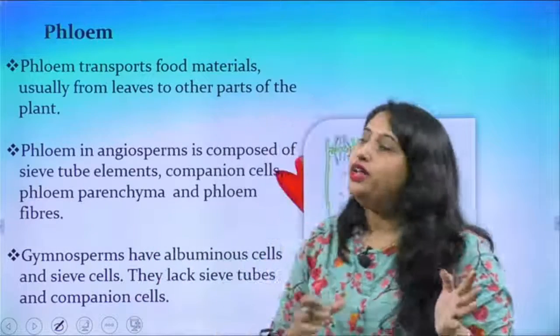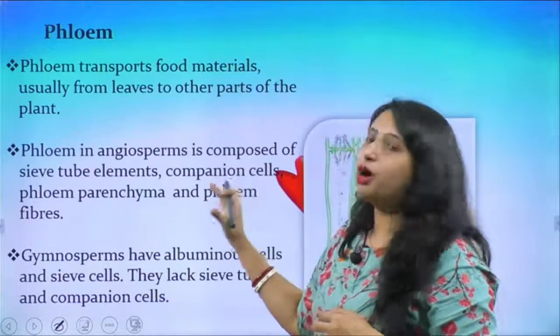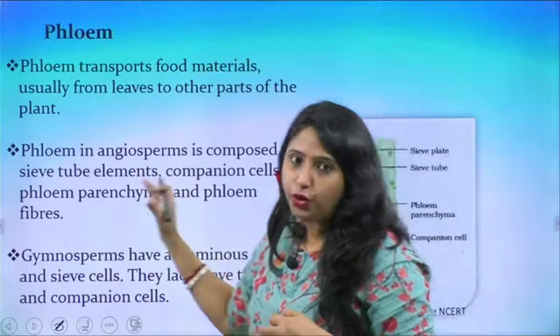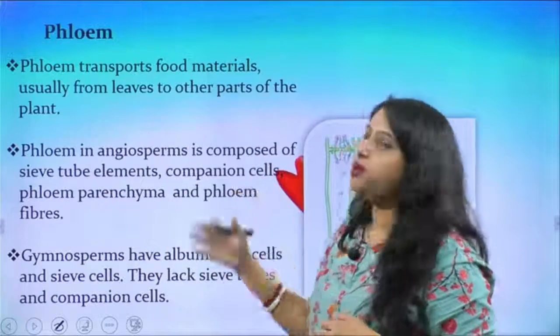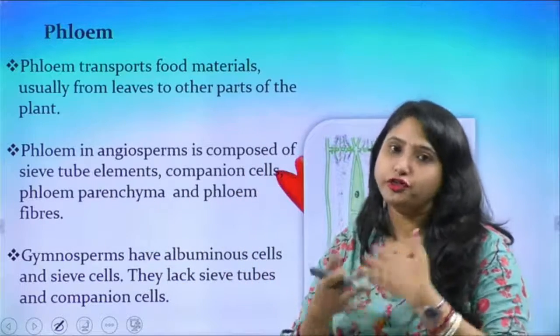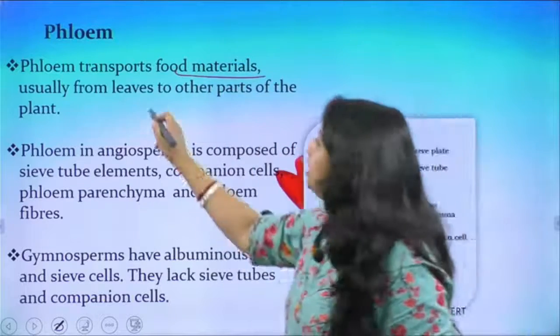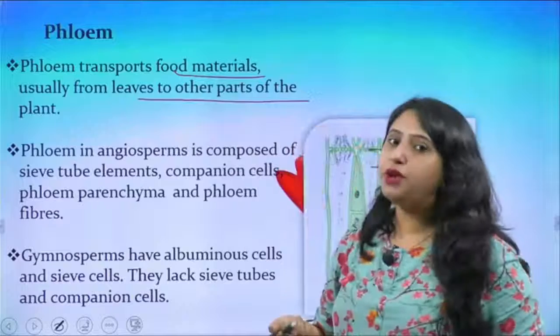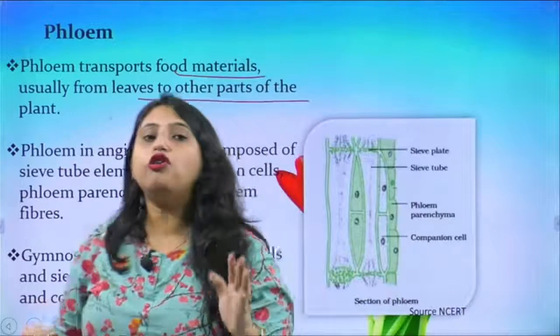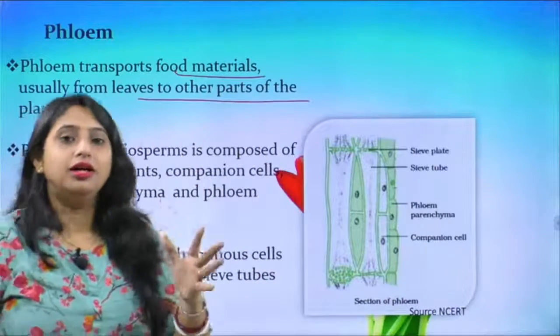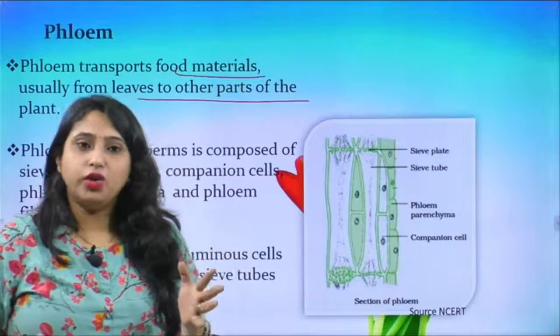So the next type of complex permanent tissue is the phloem. What is this phloem? As you know, it is responsible for the transportation of food materials, usually from the leaves to other parts of the plant. In case of the xylem, the transportation is what?